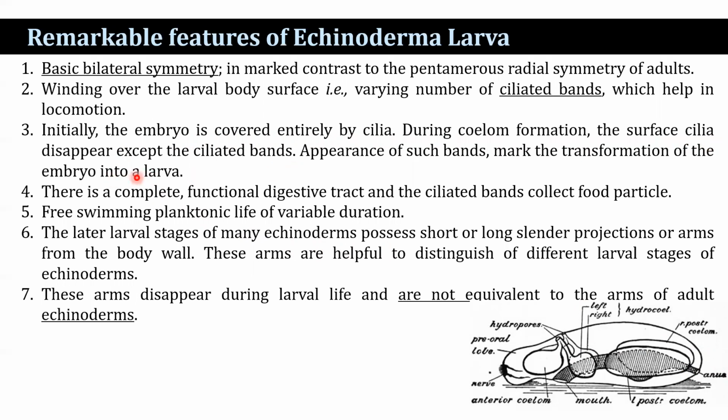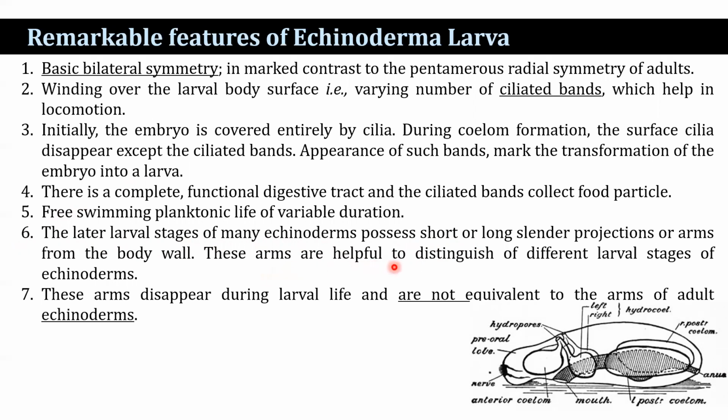And there is a complete functional digestive system. The ciliated bands collect food particles. Free-swimming planktonic life is of variable duration. The later larval stages of many echinoderms possess short or long cylindrical projections, or arms, from the body wall.